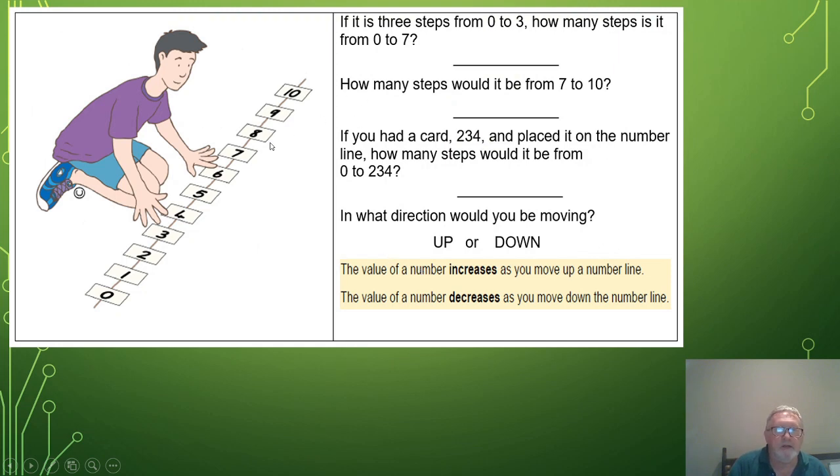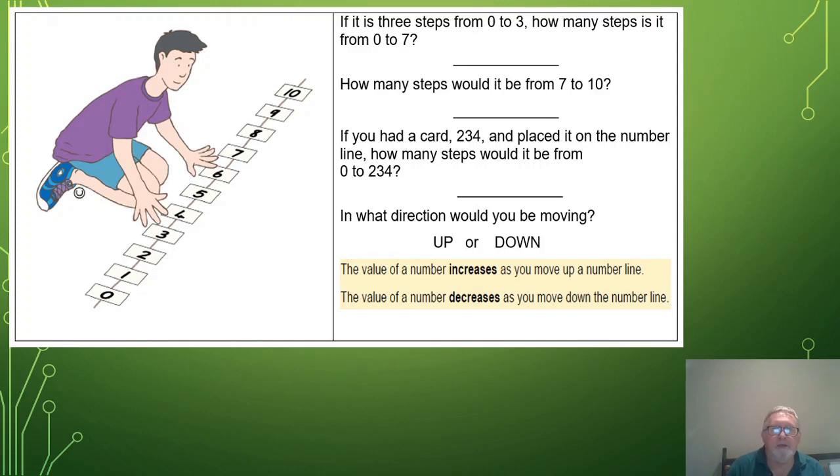So here's a diagram to show how to put those numbers out. Now you can even keep the video going and keep your worksheet beside you and listen to my instructions and fill it in as you go. So in that diagram, or on your number line that you've got there, you can see if it's 3 steps from 0 to 3, how many would it be from 0 to 7?